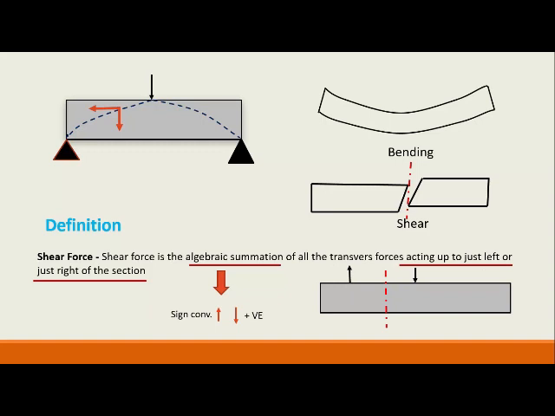At the same time, any force acting downwards in the right of the section is positive. I repeat, the force acting upward in the left of the section and the force acting downwards in the right of the section is positive. That gives the convention left up, right down, positive.